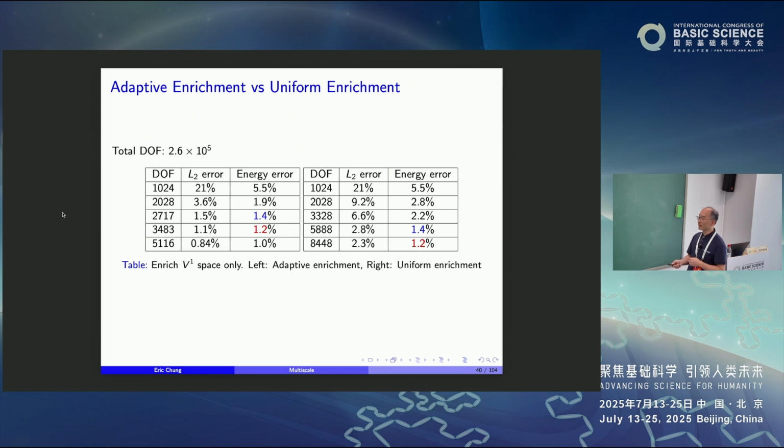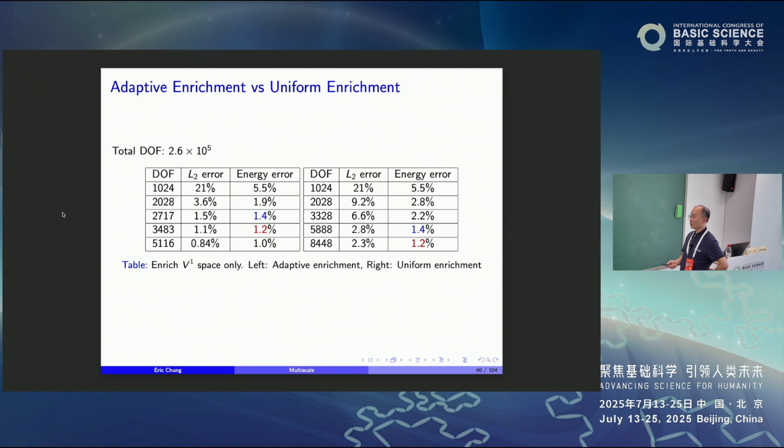And you can observe that the number of unknowns is much smaller than the unknowns of the original linear system. If you look at the percentage error in terms of L2 norm and energy norm, you see that the errors are quite reasonable. So you observe that in order to get an error of about 1.4%, you basically use this number of unknowns. Again, this is much smaller than solving the original problem.